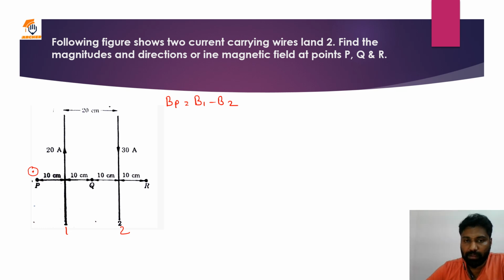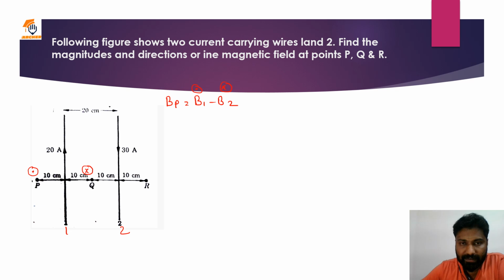Okay, so here this B1 will be inward, and here we will get an outward field from the other wire, and this will be inward magnetic field, right?